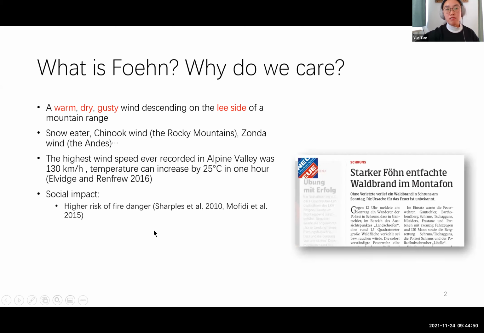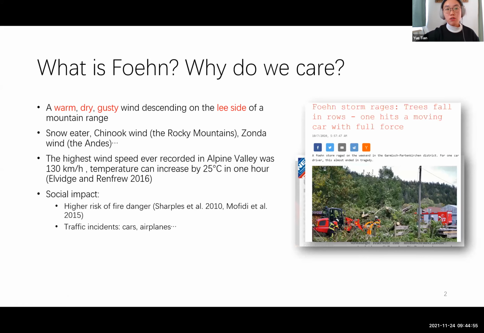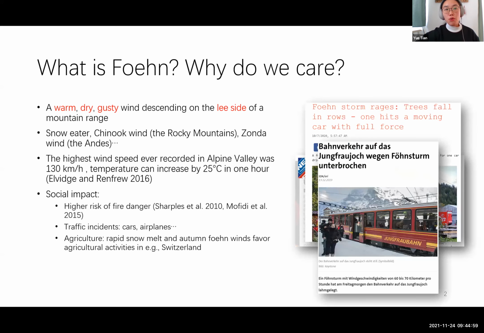It can have a higher risk of fire danger, or it can cause severe traffic incidents, or, for example in Switzerland, in the foehn valleys we have rapid snow melting, and autumn foehn events can really favor the agricultural activities.